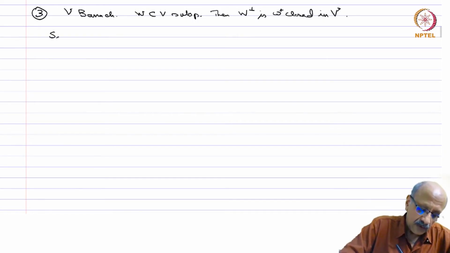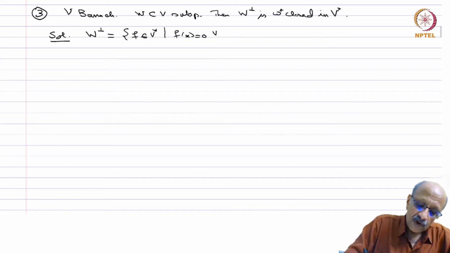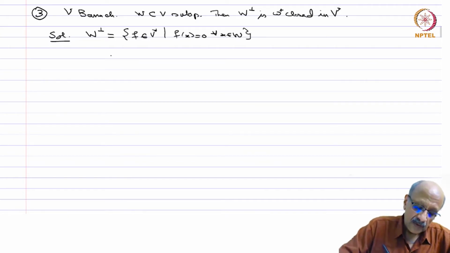So solution: what is W perp? W perp is the set of all f in V star such that f(x) equals 0 for all x in W. So this is nothing but the intersection over x in W of kernel of Jx.